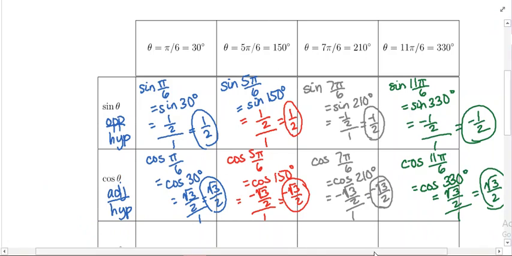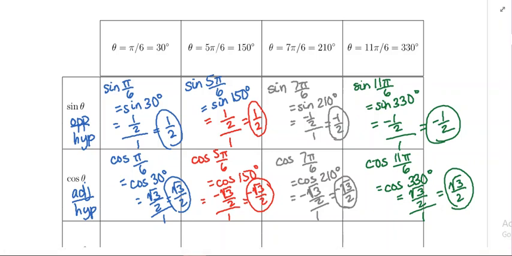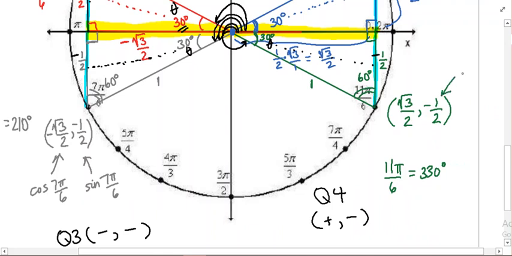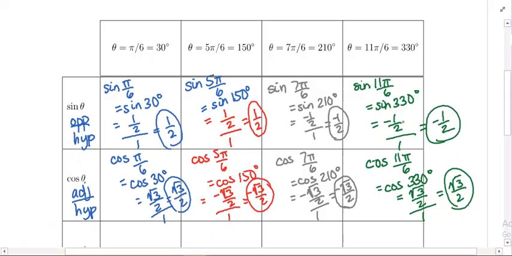Check it one more time for the last triangle. I'm not lying to you. If you look at 11 pi over 6 and you look at the coordinates on the unit circle, the y coordinate, the sine, should be negative 1/2. There it is. Here's the cosine of 11 pi over 6, positive square root of 3 over 2.